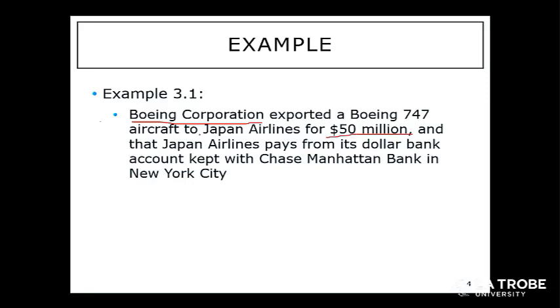Japan Airlines pays from its dollar bank account kept with Chase Manhattan Bank in New York City. For this transaction, we as a US company are selling to a foreigner. When we sell something, we get the money back, so this is a positive cash flow to the US, okay?